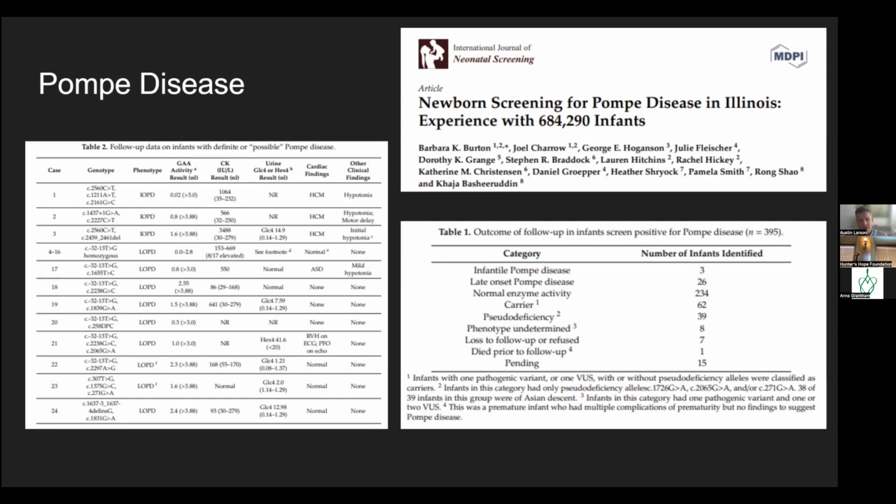So for all of these that I've mentioned, this is really an ongoing project, but the genotype is really key information as we both confirm whether a newborn screen result is a true positive versus a false positive. And then once having confirmed that it's a true positive, risk stratifying the patient to figure out the best next steps for follow-up.